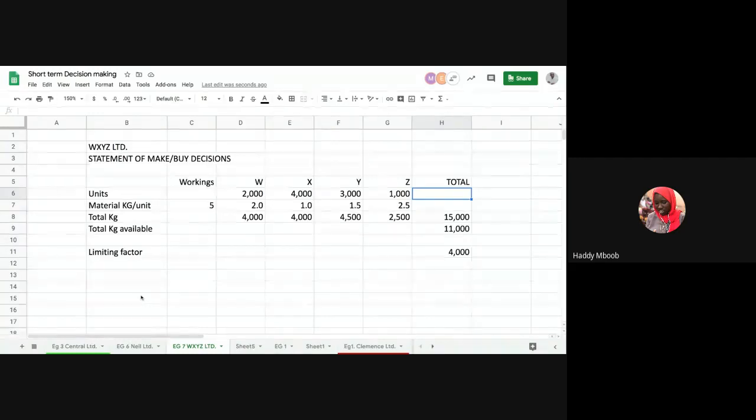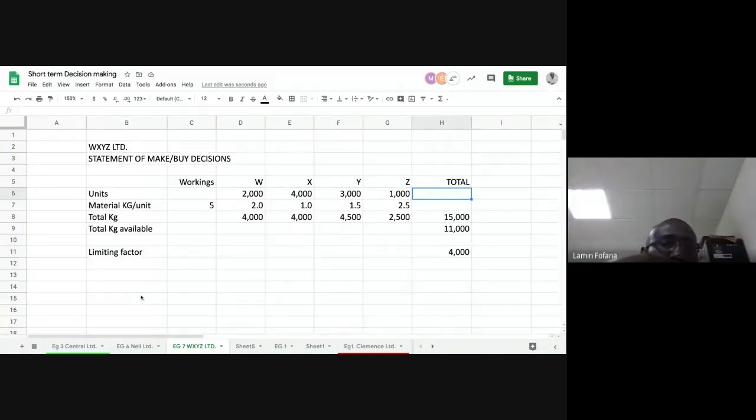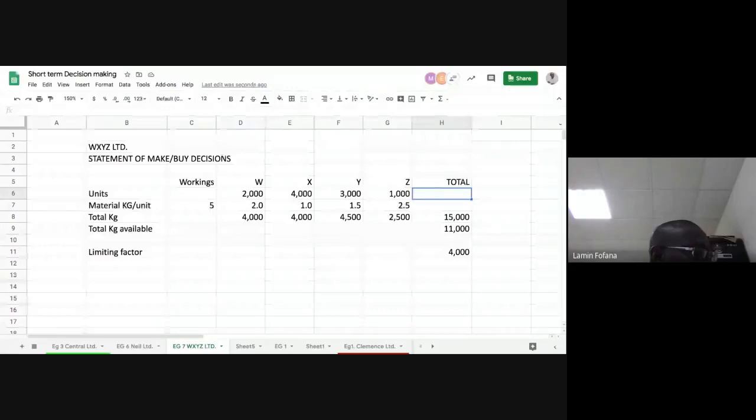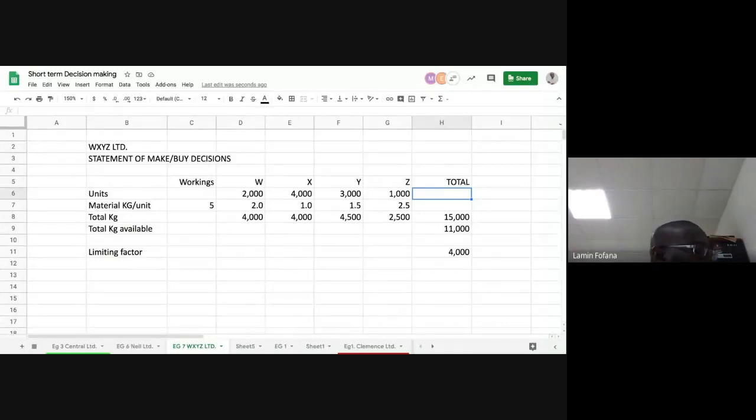Okay. So now we can move on to do the actual calculation. And those calculations, the starting point will be to compare the variable costs of making and the variable cost of buying. Because the question asks us to advise management which products they should buy and which products they should make, okay?